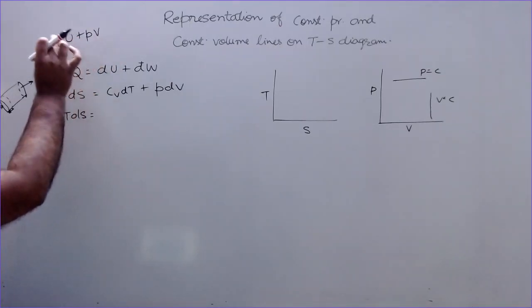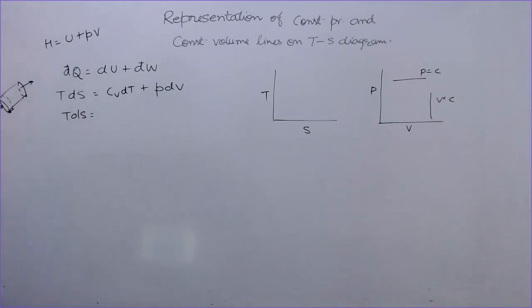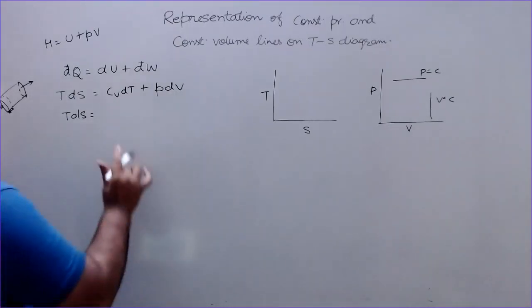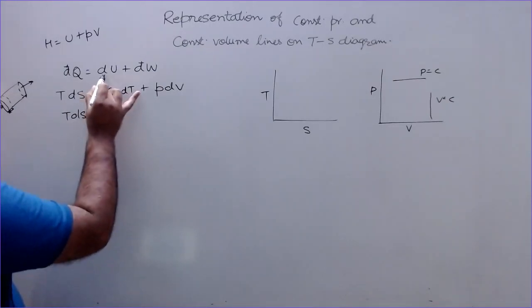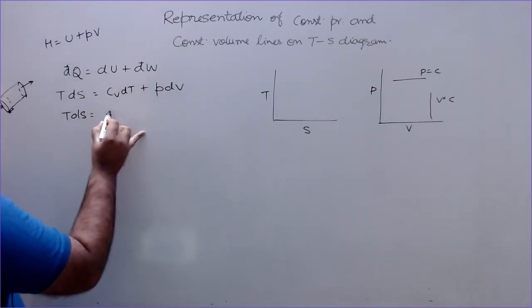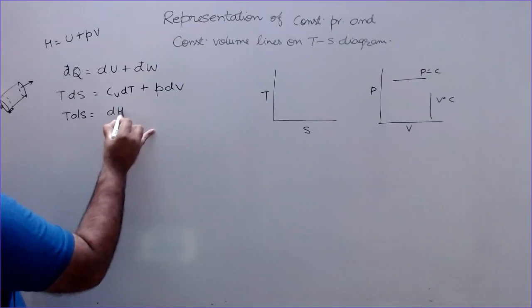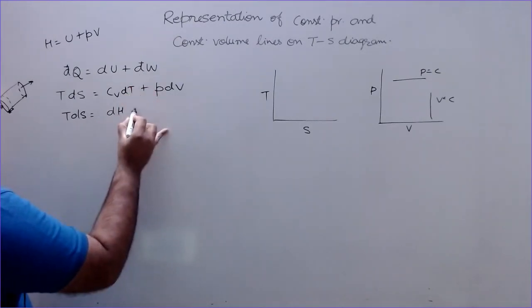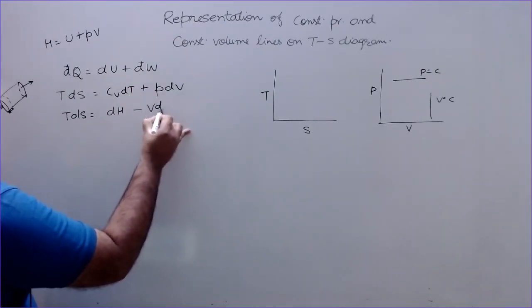In the case of solid bodies we use the term internal energy, whereas in the case of fluids we always use the term enthalpy. So du will become dh. So TdS is dh, and the work here is flow work, that is minus VdP.